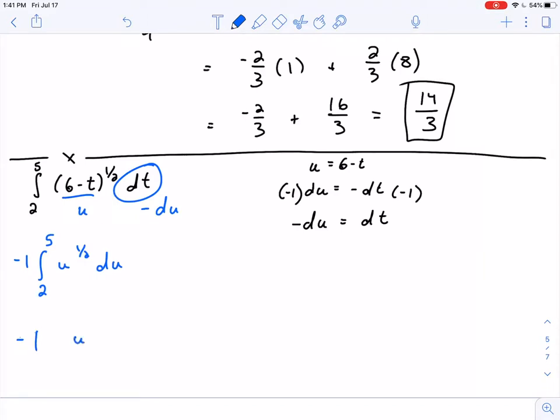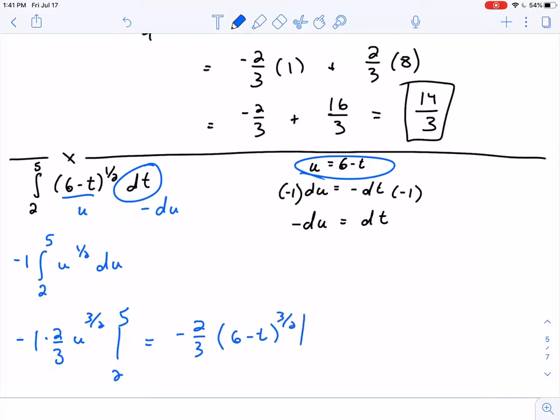So this will be u to the 3/2 power times 2/3, evaluated at 5 and at 2. But remember that these are in terms of t. So what we need to do is take that 6 minus t and plug that back in now. So this is -2/3 times 6 minus t to the 3/2 power, evaluated at 5 and 2. Now when we write it like this, everything is in terms of t again. Everything's going to be okay from here on out.